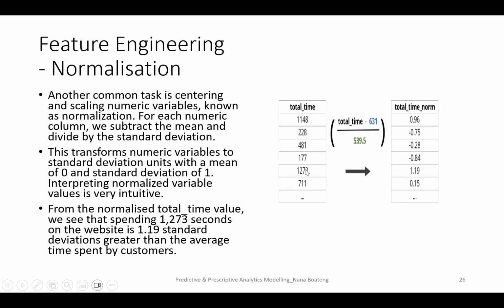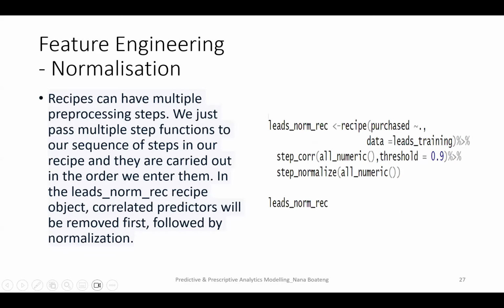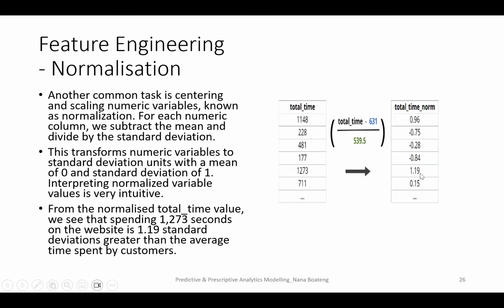Then we normalize it: we subtract the mean and divide by the standard deviation. It gives you 1.19, which is easy to interpret. Here, you know that this particular customer spent 1.19 standard deviations more time than the average customer.